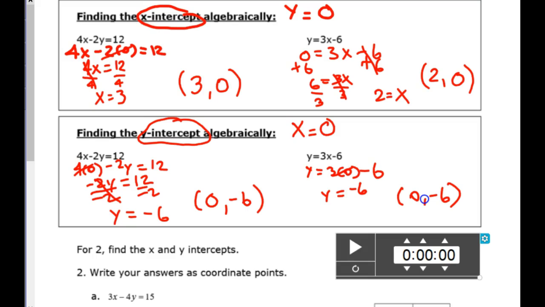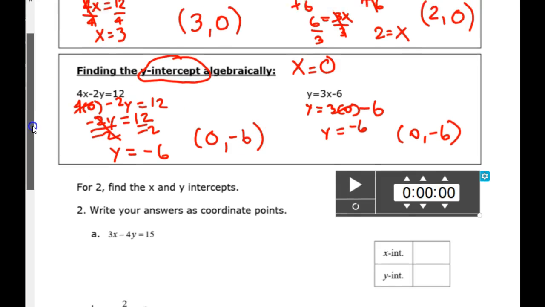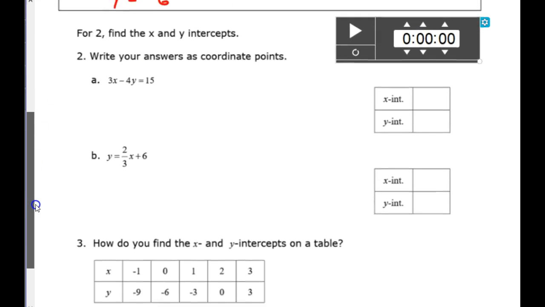So, let's try the next two. I'm going to give you a couple minutes on these two. I want you to try these on your own, and then we'll go over them together.